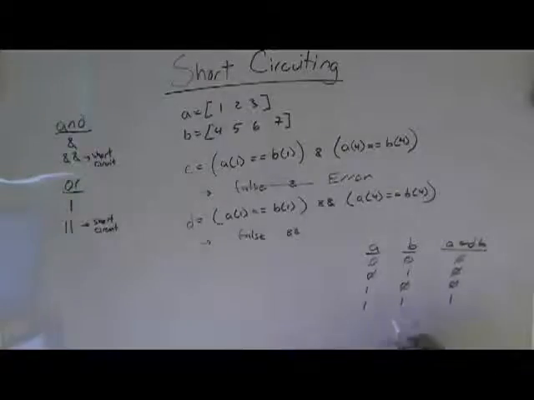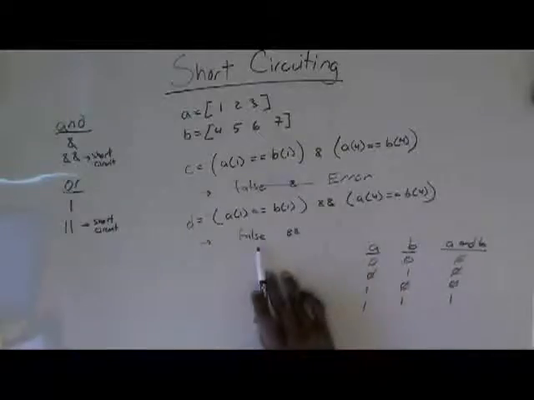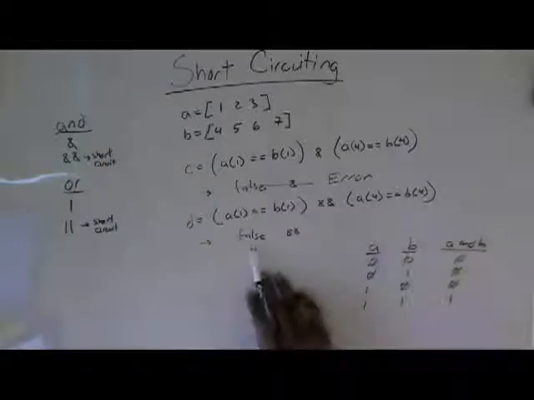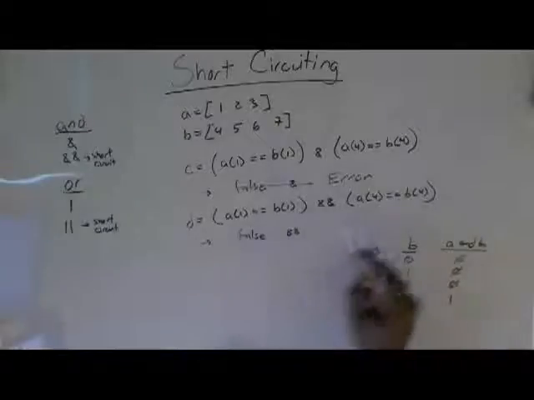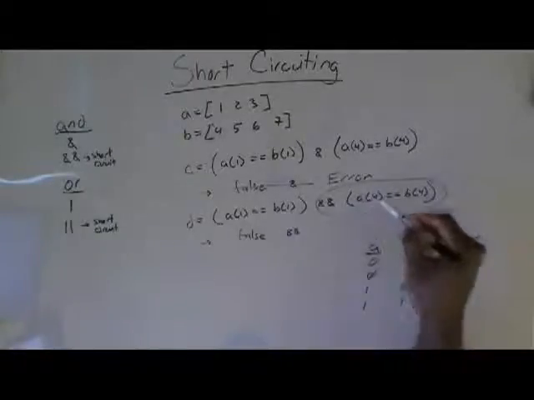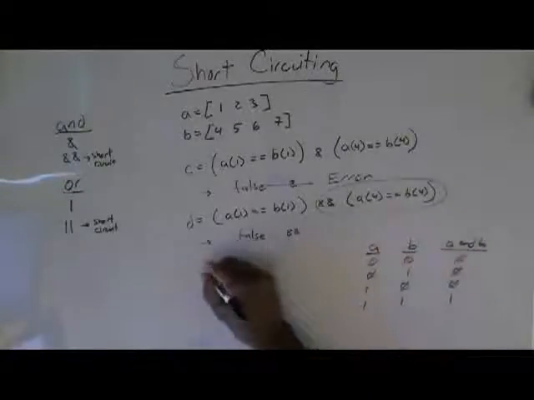Well, what short circuit is saying is, the first element in this and statement is false. If the first element is false, then it doesn't matter. You don't have to do anything else. By having that one false, game over. So this would actually not even run this part here, which means you would never encounter the error, and D actually winds up being false.